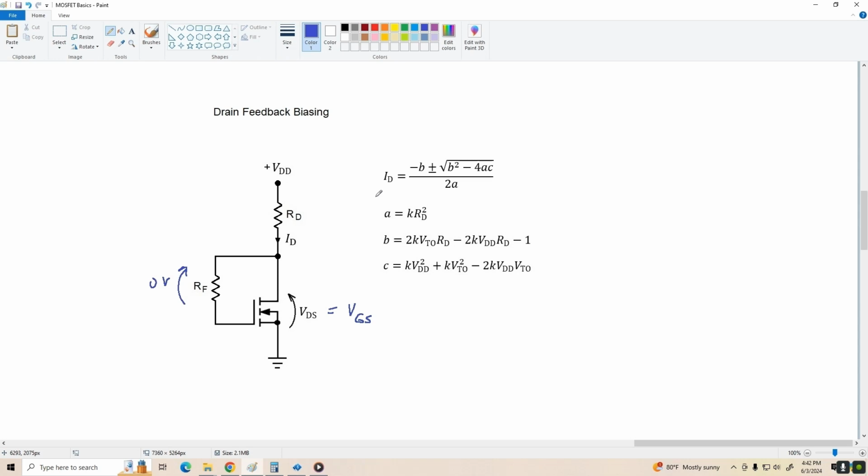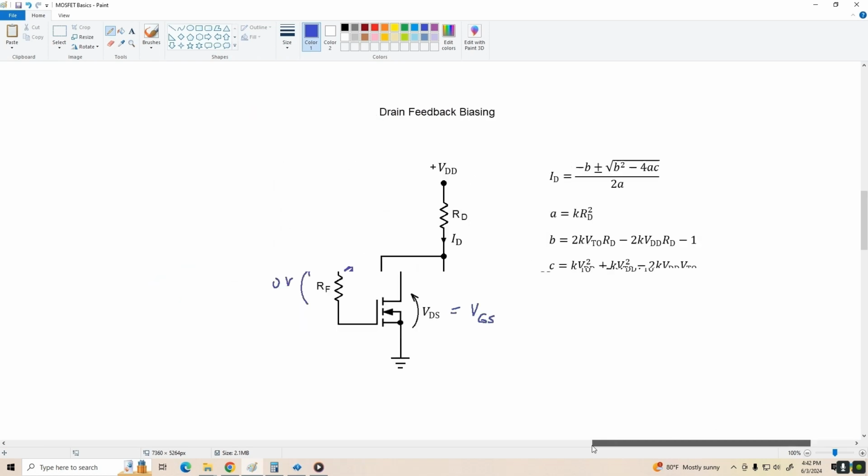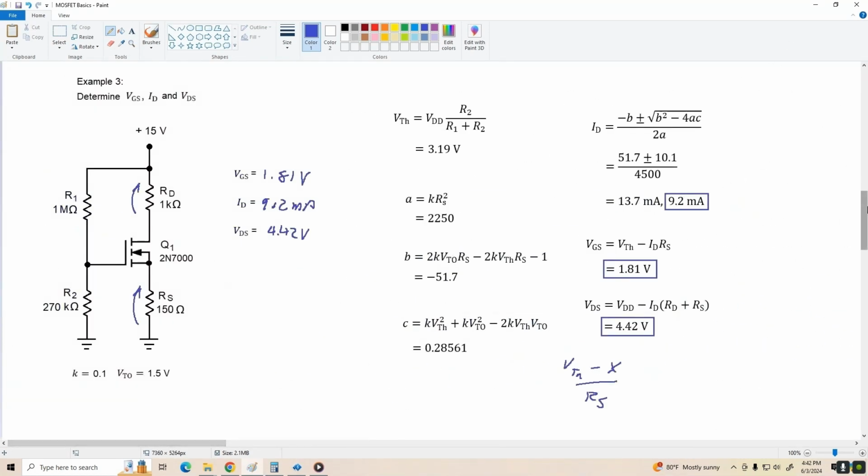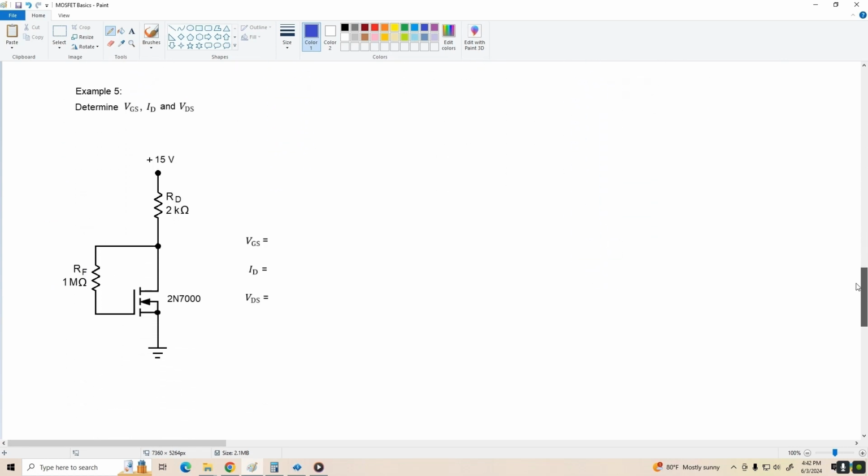All right, so let's just do an example or two with this biasing arrangement and see what we come up with. Okay, so here's example 5. We're using a 2N7000 again, so we know that K equals 0.1 and V sub TO equals 1.5 volts.